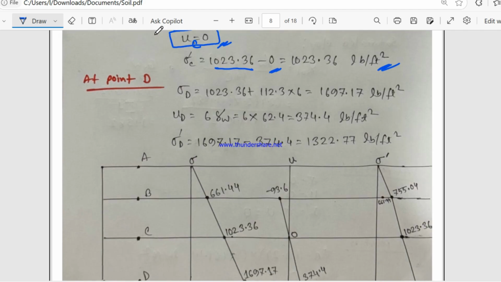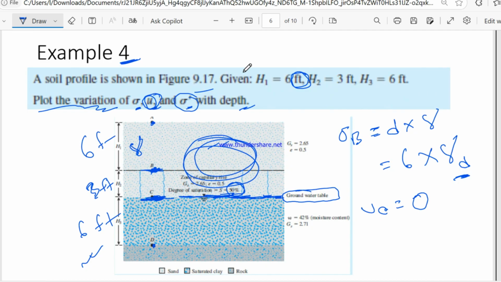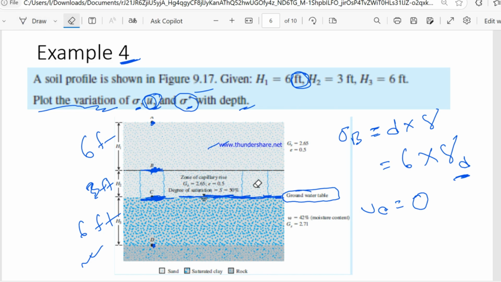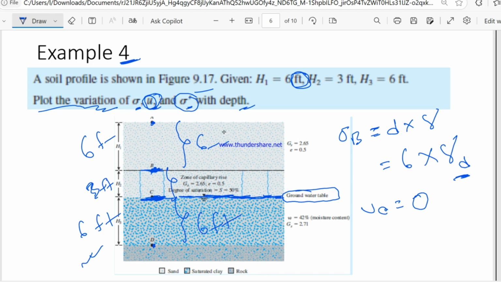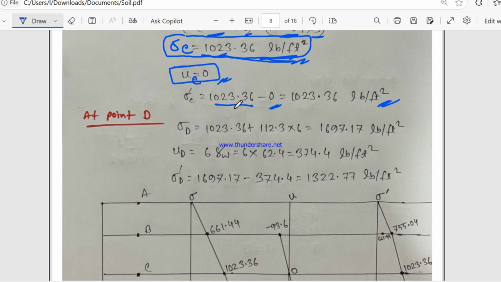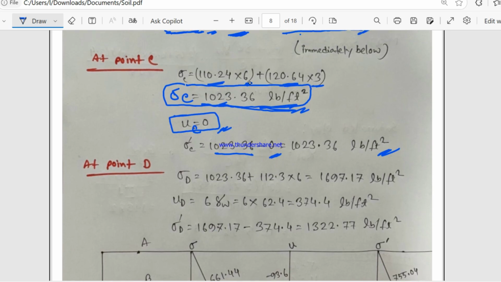Okay, at point D, the total distance is 6 feet, and this is 3 feet, and this is also 6 feet. We already calculated 6 times dry unit weight.